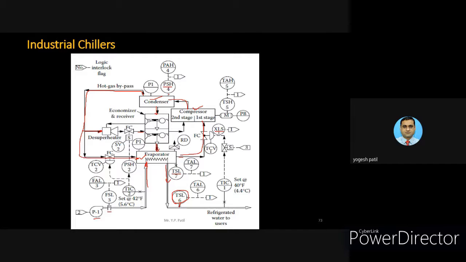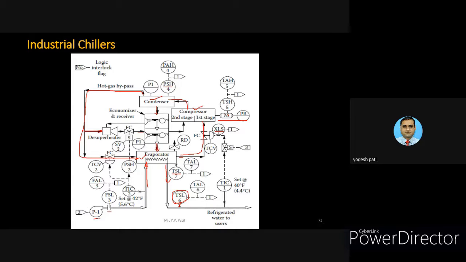There is a TSH5 also. You can see this compressor has a heavy motor. This M stands for motor, and on that motor there is TSH5. This TSH5 measures the temperature of the motor bearing.